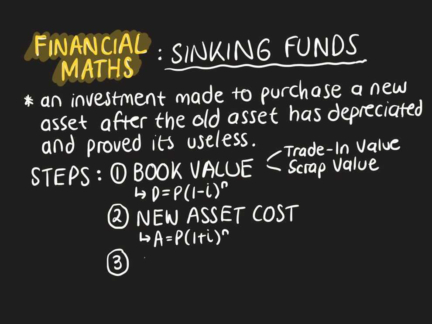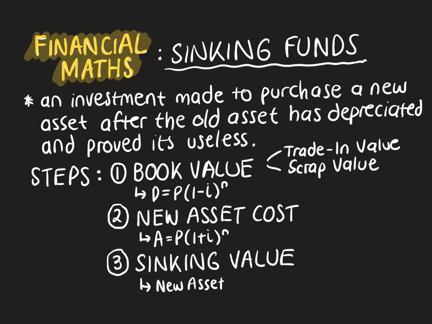Sinking fund value is going to be your new asset cost minus your book value. And that makes a lot of sense because at the end of the day, put yourself into the scenario.